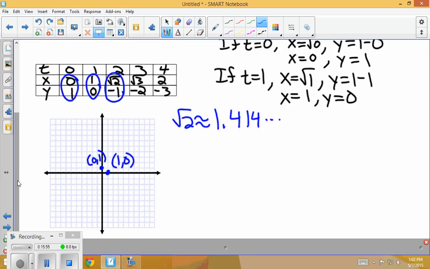It's an irrational number, so we could keep going as long as we wanted to. So the square root of 2, negative 1. Then the square root of 3, negative 2. Square root of 3, remember, is about 1.7. Again, it's an irrational number, so it continues on. And finally, 2 comma negative 3.